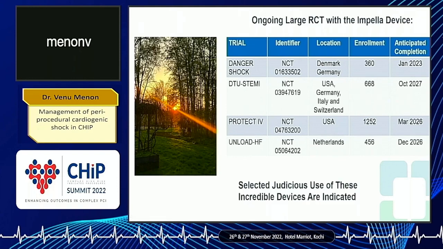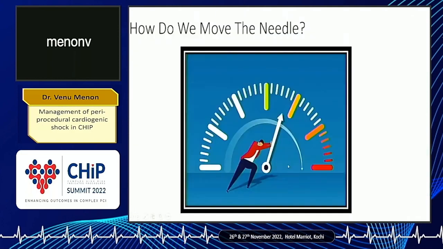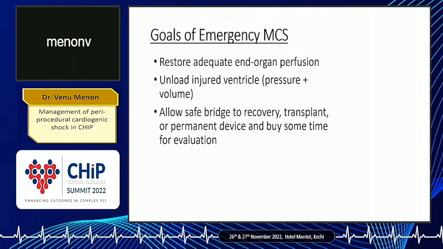And so these are ongoing large randomized clinical trials with the Impella device that are forthcoming in the next few years, the results of which will certainly inform us as to what device we should use in what specific situation. So how do we then move the needle to improve outcomes with cardiogenic shock?